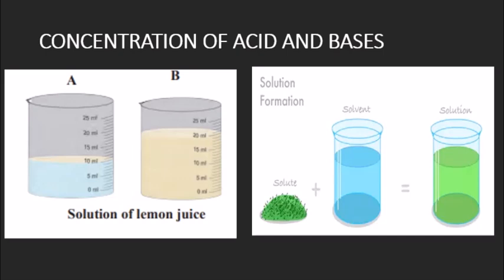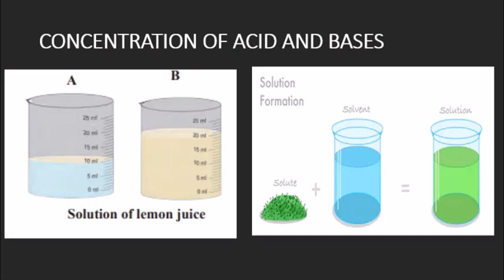This ratio is larger for the solution in the first beaker, and that is the reason why the first beaker tastes more sour. The proportion of lemon juice is less in the second beaker, so it doesn't taste as sour as beaker 1.